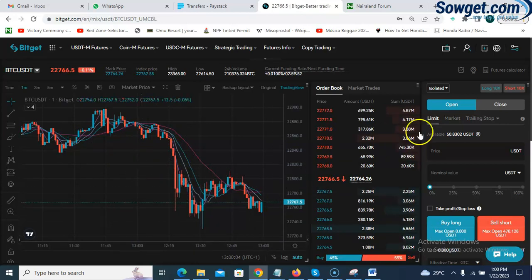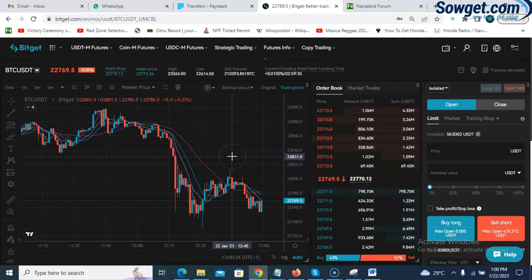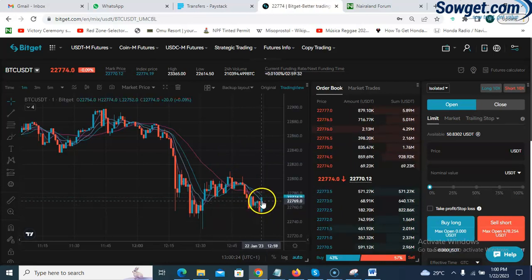So you can actually enter a limit order by, let's say, looking at this chart. This is a BTC USDT pair, and let's say the market is going down. If you want to enter a short trade, instead of entering your short trade at this current price here, which is 22,769, you can decide to enter a sell order at 22,794, which is at a higher price here.